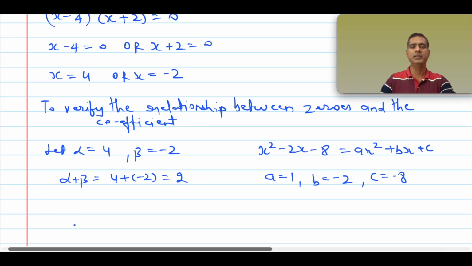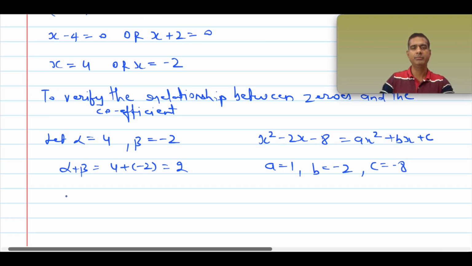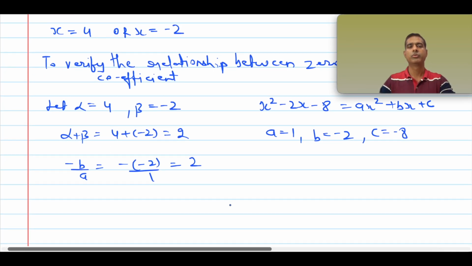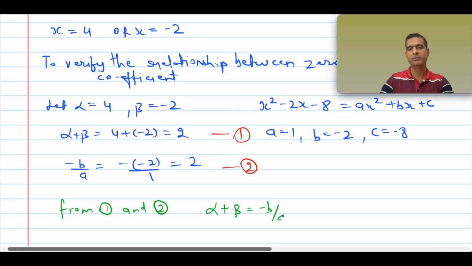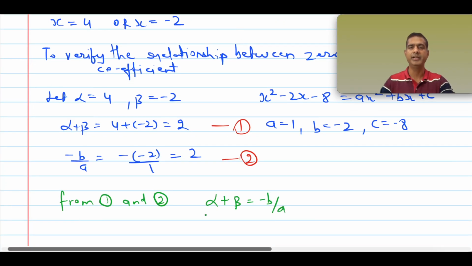So from here, if I want to find negative b by a, I can write it as negative times b, which is negative 2, by a, that is 1, so 2. So from 1 and 2, we can say alpha plus beta is equal to negative b by a, and this is what we needed to verify.